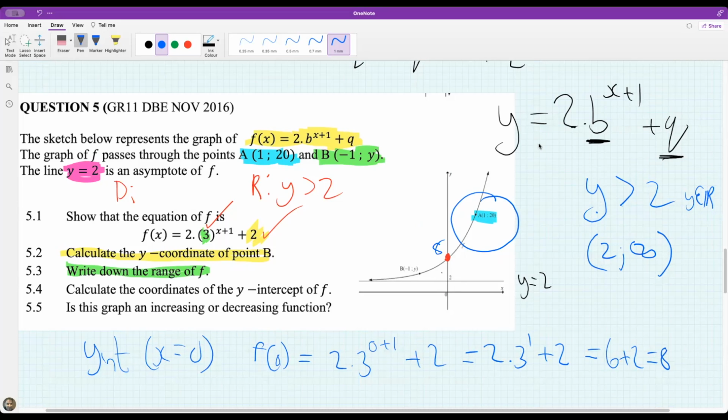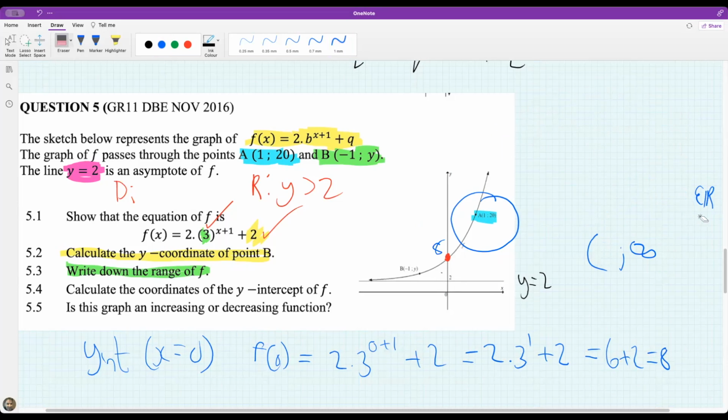Perfect. Okay, last thing. Is this an increasing or decreasing function? What do we think? Yeah. So this is definitely an increasing function.